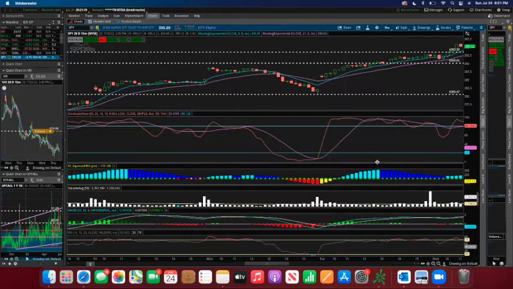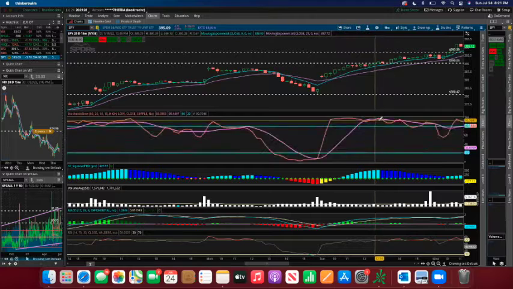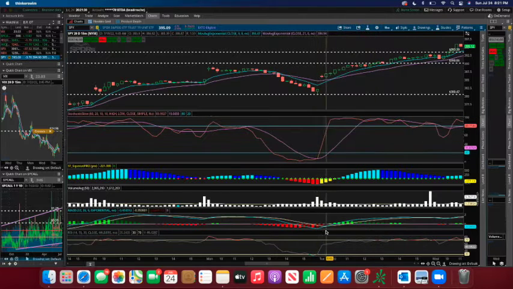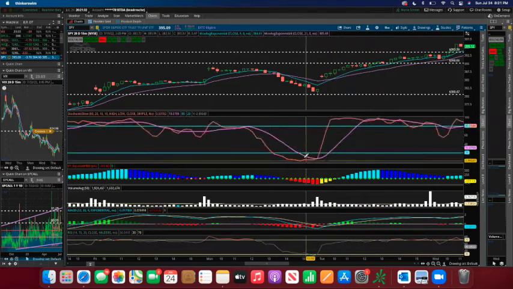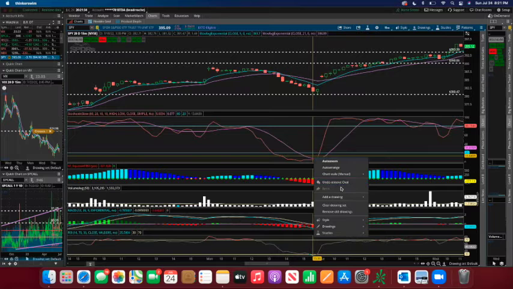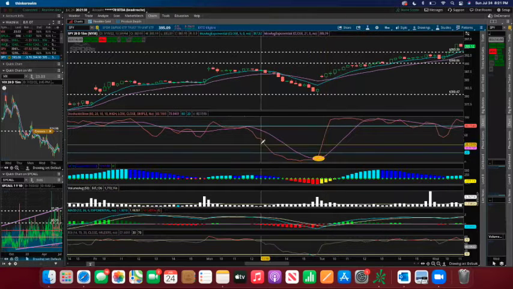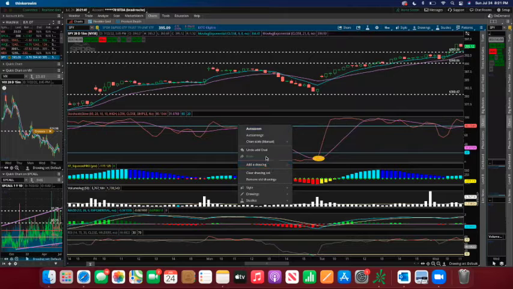The reason I prefer it is because it does both at the same time. It gives you the actual overbought and oversold conditions that the RSI does, but it also gives you this cross signal line that the MACD does. So that's what I like about this.